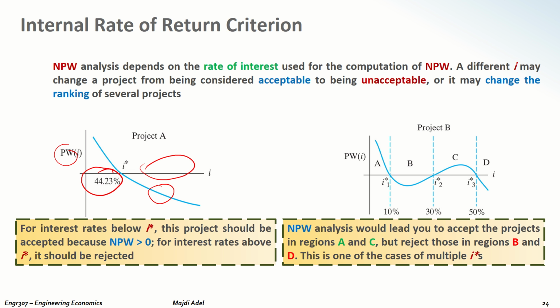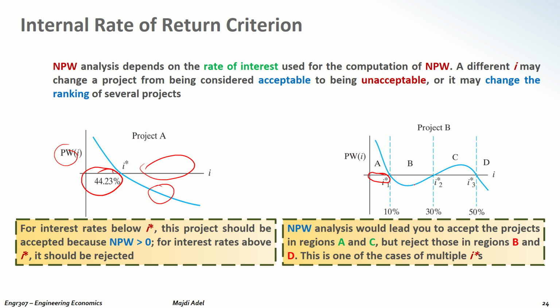But what about projects with multiple rate of returns? Let's examine this situation. Project B, if you remember from the first example, has 10%, 30% and 50% rate of returns. For the first region, A, the present worth is positive. So any interest rate less than 10% is accepted.